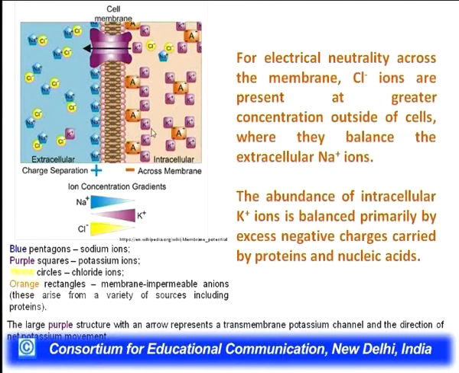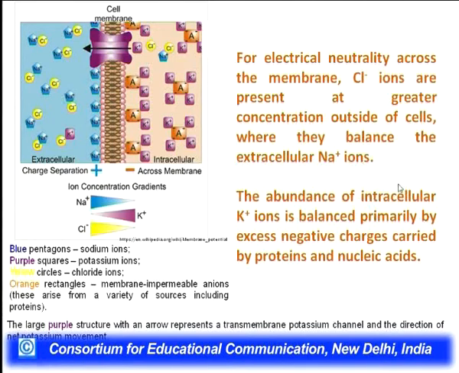And because of this, the positive charge is much more in here, and there has to be some electrical neutrality. The positive charge outside is neutralized by the presence of chloride ions. The chloride ions are much more in number extracellularly than inside, and inside the electrical neutrality is maintained by these orange rectangles, which are membrane impermeable anions that arise from a variety of sources including the proteins.